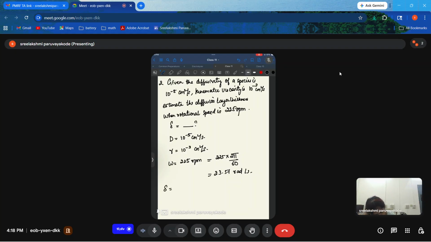Now you know the boundary layer thickness formula delta is 1.61, diffusivity raised to 1 by 3, omega raised to minus 1 by 2, and the kinematic viscosity to the power 1 by 6. Let's find out this value after substituting everything.